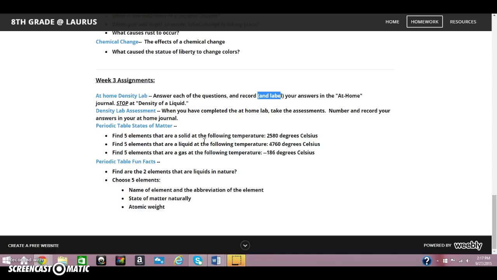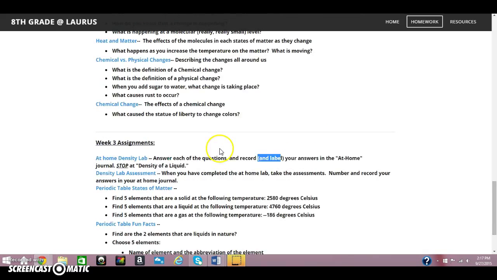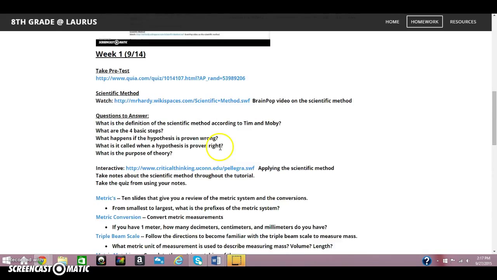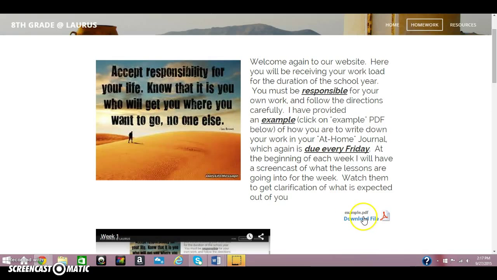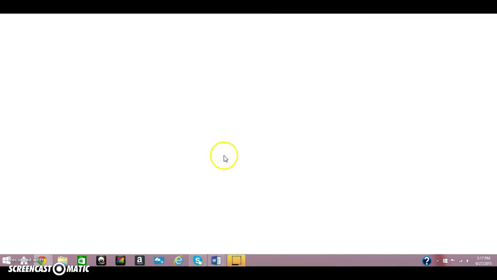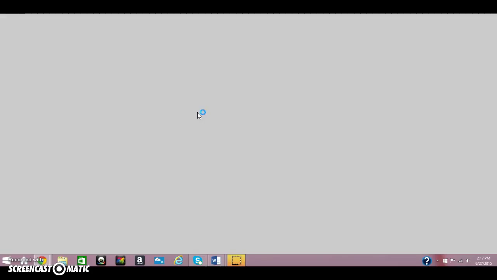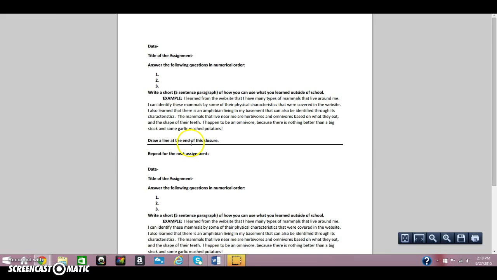One side note, some of you have forgotten to write the paragraphs at the end of the assignment. As you see under the example PDF, not only are you answering those questions, if this ever shows up, you're also to write a paragraph describing what you learned in everyday life.